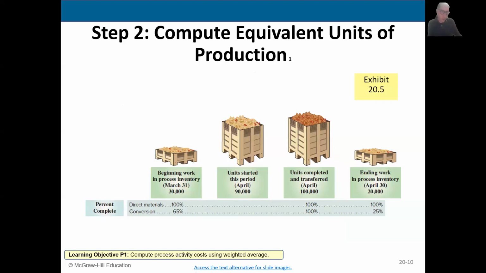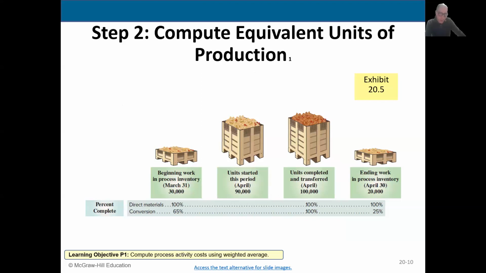You'll also notice down below the percentages. Direct materials is 100% across the board. The reason for that is because I've accounted for materials at each department or each step of the process.